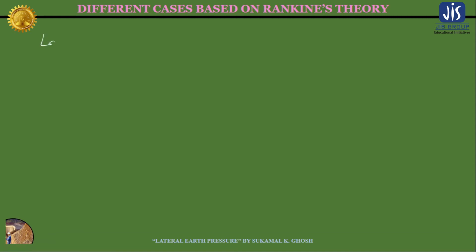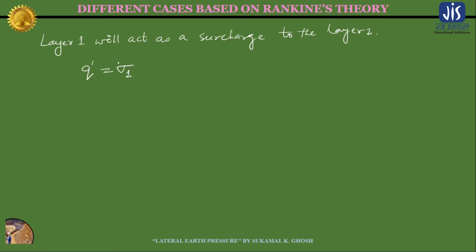See, the layer 1 to the layer 2. Okay, and the value of the surcharge, suppose it is Q dash, will equal the effective stress of the layer 1, which will equal 4 into gamma dry.